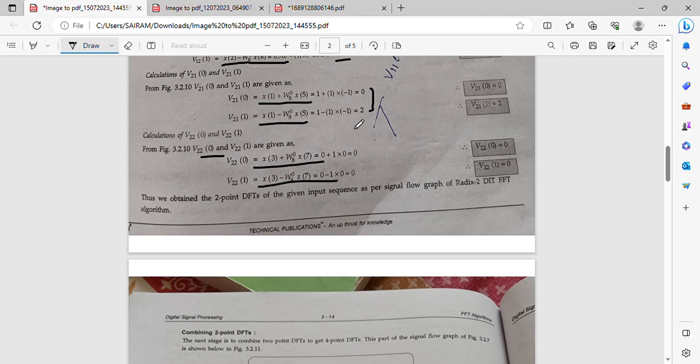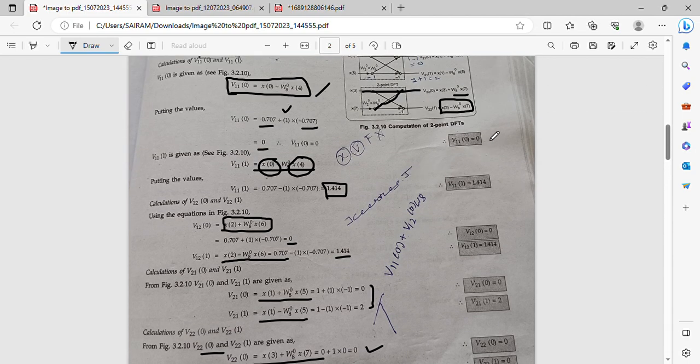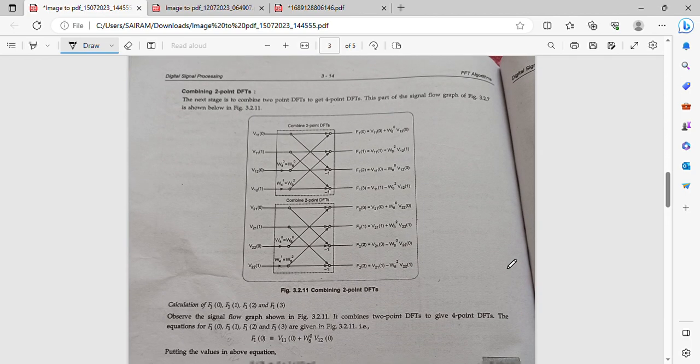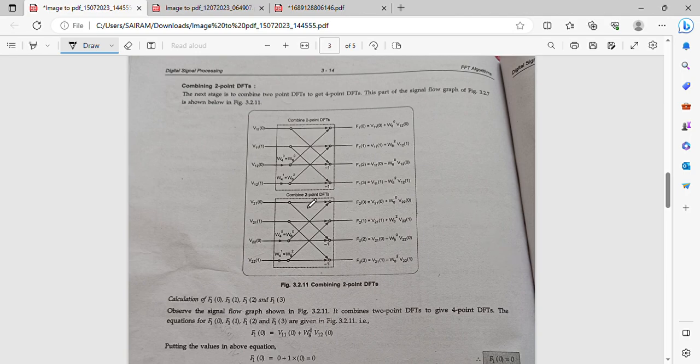So here you are going to get the resultant as 0 and 0. So you got a resultant as 0, 1.414, 0 minus 1.414 here also, and this is 0, 2, 0, 0, right? So this is combining 2-point DFTs.